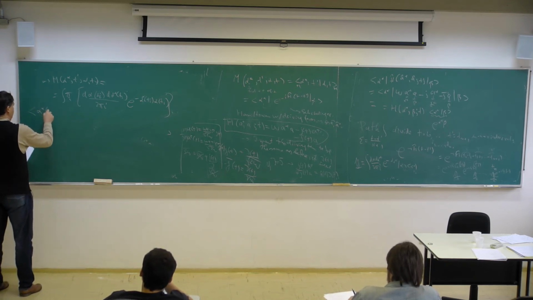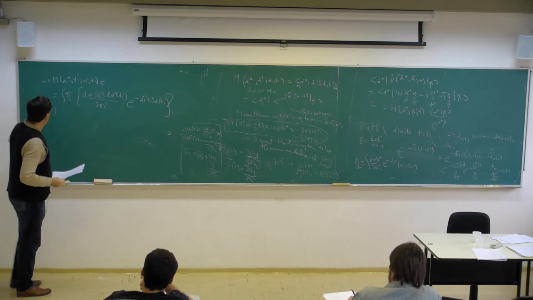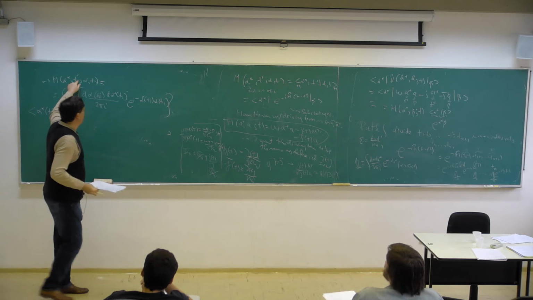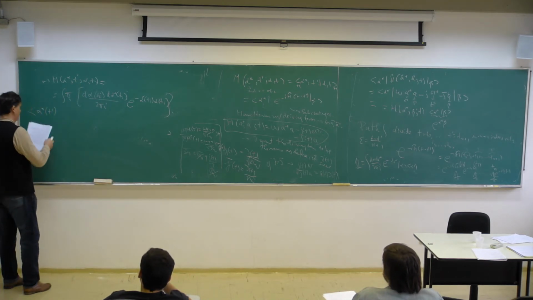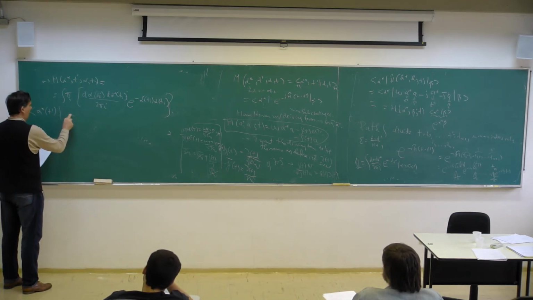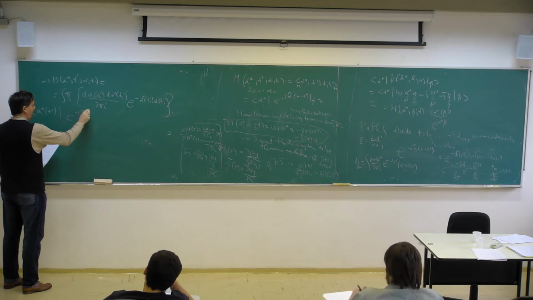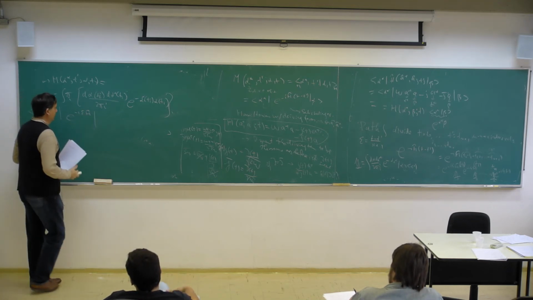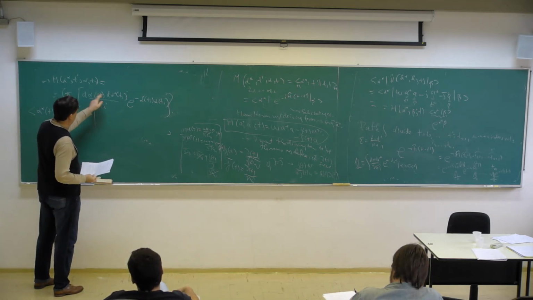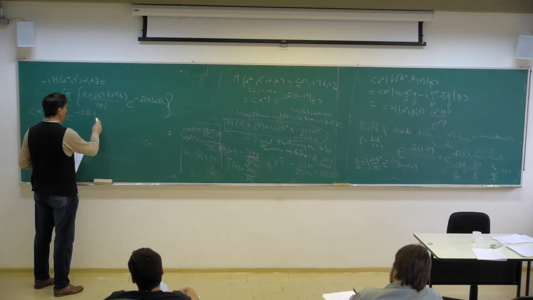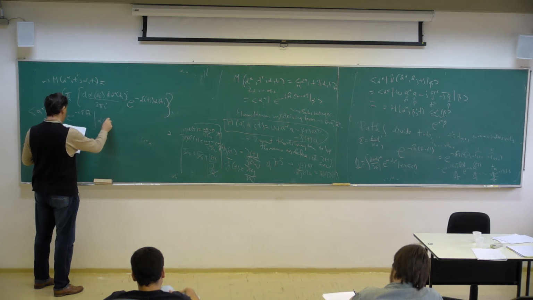And then here on the left I had alpha star of t prime. Then I have e to the minus i epsilon H. And now I have these insertions of the identity.